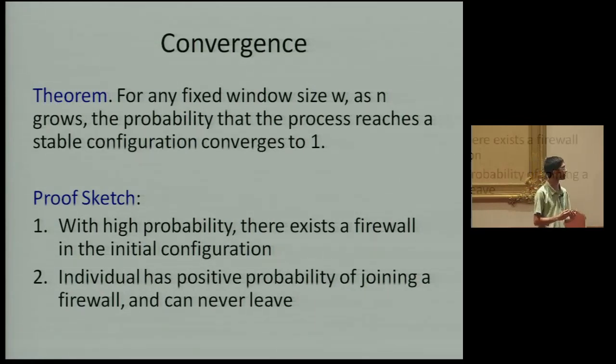So the probability of a firewall of either color being there is the probability that we have at least W plus 1 coin flips in a row of the same type. As the number of coin flips grows without bound, we eventually get at least one firewall with high probability. And after this point, individuals will have a positive probability of joining a firewall, but then they can never leave. So as the process continues, eventually we'd expect everyone to join a firewall. So that's the first step.